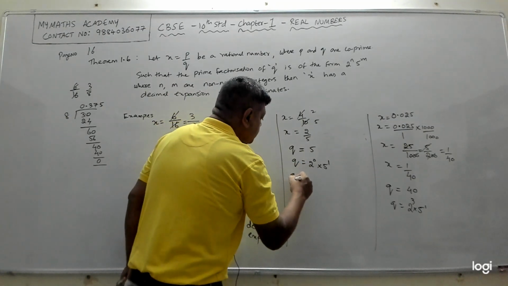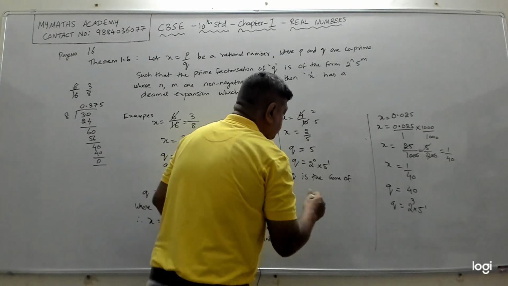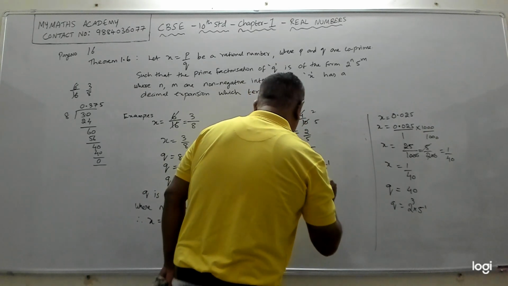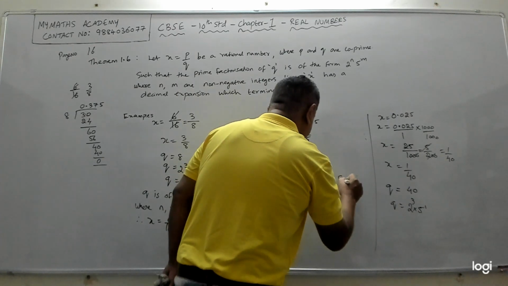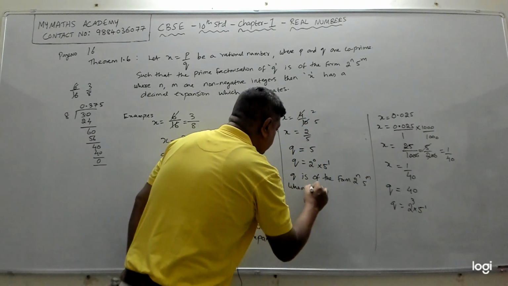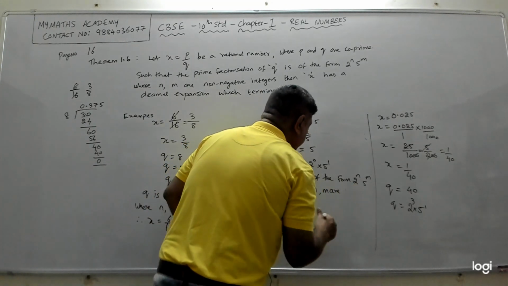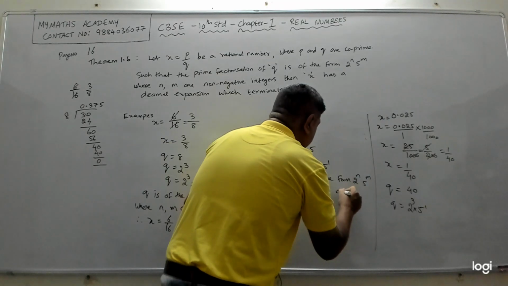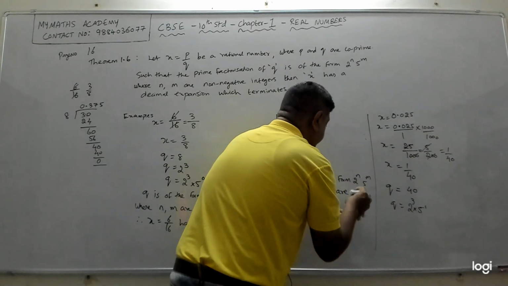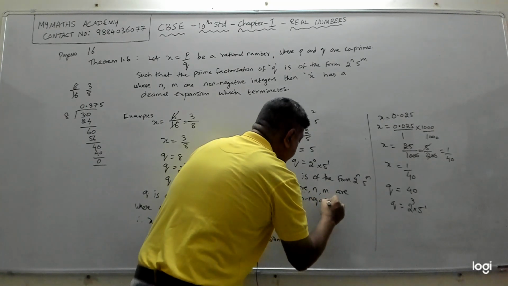So now q is of the form 2 power n 5 power m, where n, m are non-negative integers.